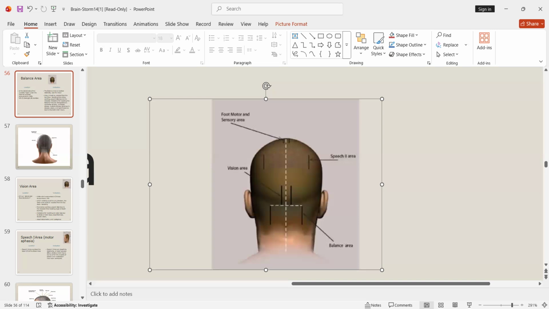Yes. For foot drop, you use the foot motor sensory area. For hormonal imbalance, you can use this area. Use this area for excess thirst.